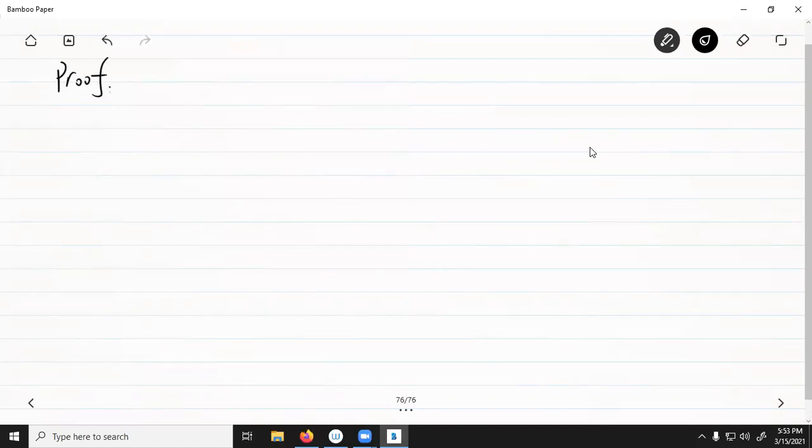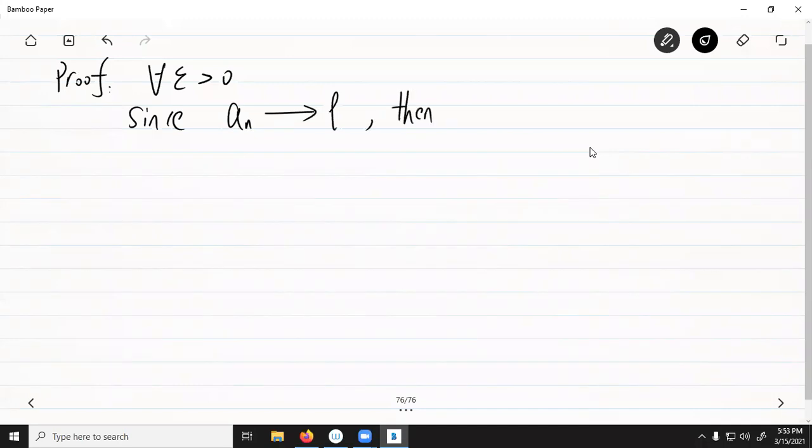The proof is not hard, very straightforward, but we just use the epsilon-N language to describe the limit again and again. So now let's look at any epsilon greater than 0. For any epsilon greater than 0, since a_n has the limit L, what does this mean? This means there exists a capital N1 such that |a_n minus L| is less than epsilon, right?